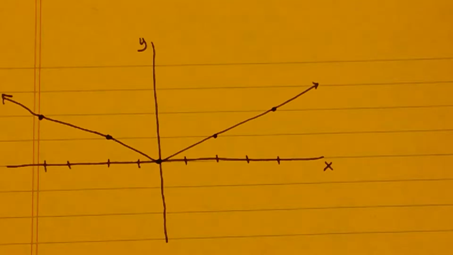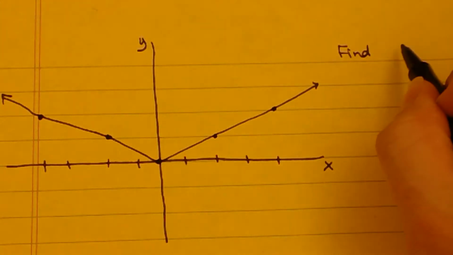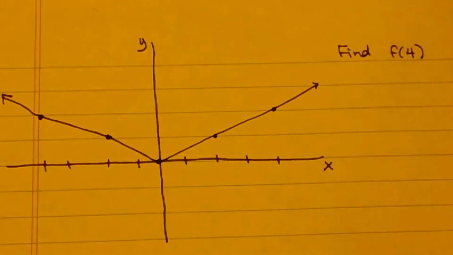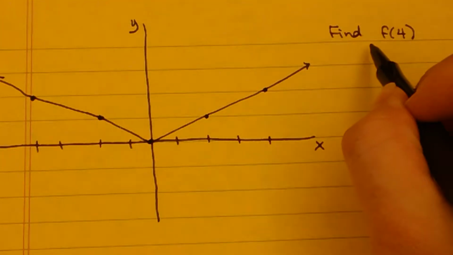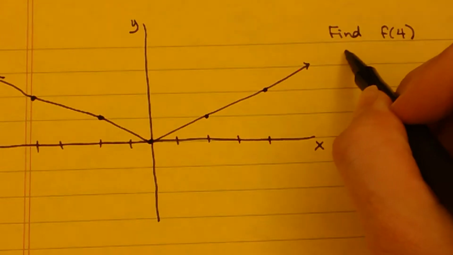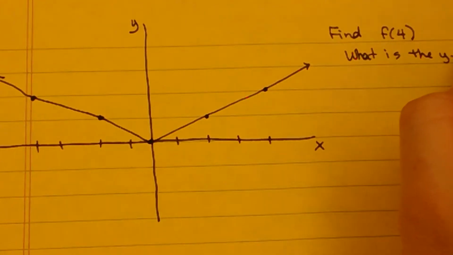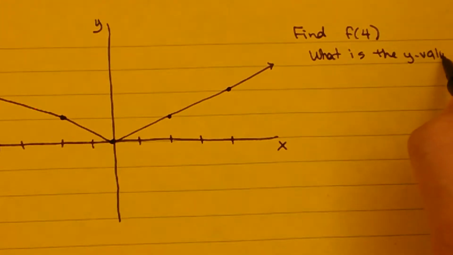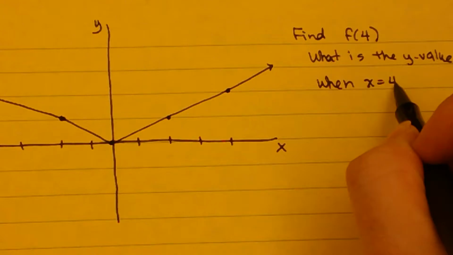Okay. Then we're going to ask you some questions like find f of 4. F of 4 means we are being asked what is the y value when x equals 4.